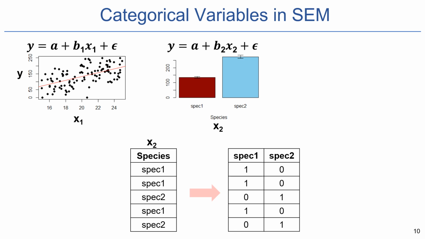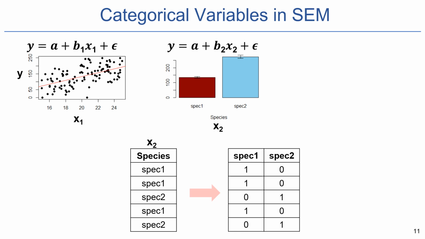It cannot be species 1 and species 2 at the same time. This linear dependency allows us to set one level as a reference. Now that we have the reference, we can interpret the effect of species 2 when the effect of species 1 is absent. That's why we have only one b coefficient when we have two levels of the factor.